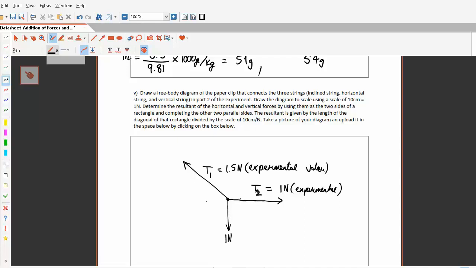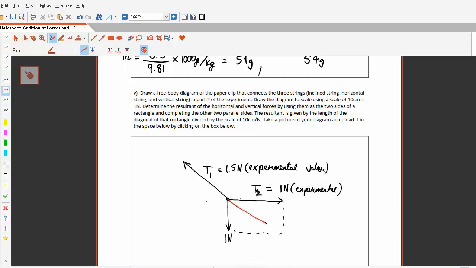If we draw this to scale, then according to Isaac Newton, the addition of those two forces is given by the diagonal of the parallelogram formed by drawing this force and this force as the sides of a rectangle.